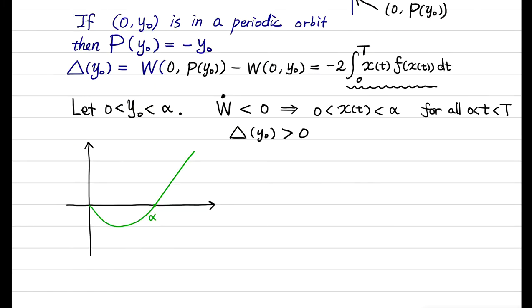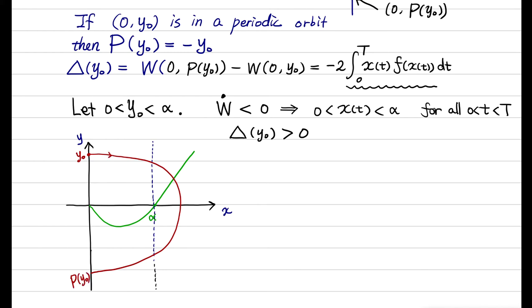Let me again draw the graph of f in this xy plane. And let's draw the line where x equals alpha. So this dotted line is where x equals alpha. Let's consider a single orbit starting from some point like this. So starting from y0 here, it goes to p of y0.